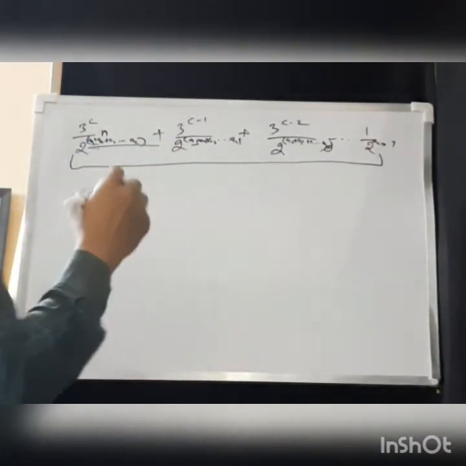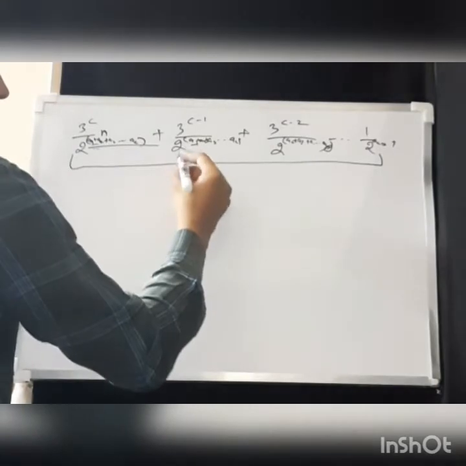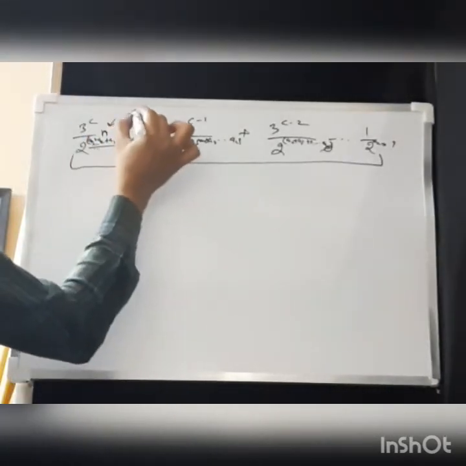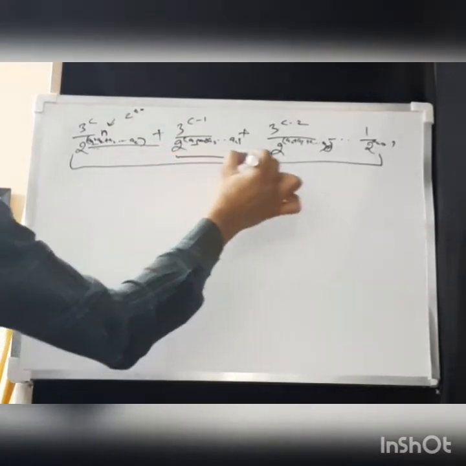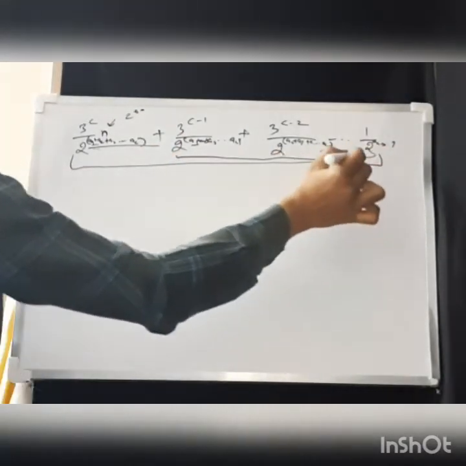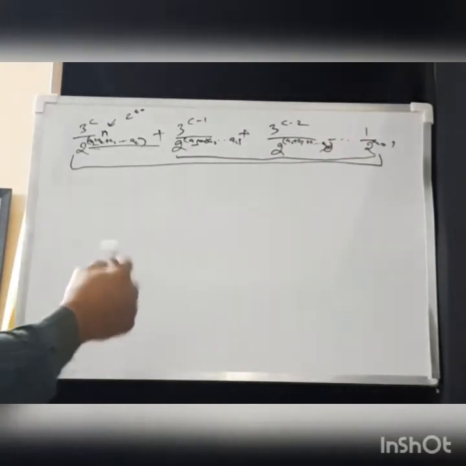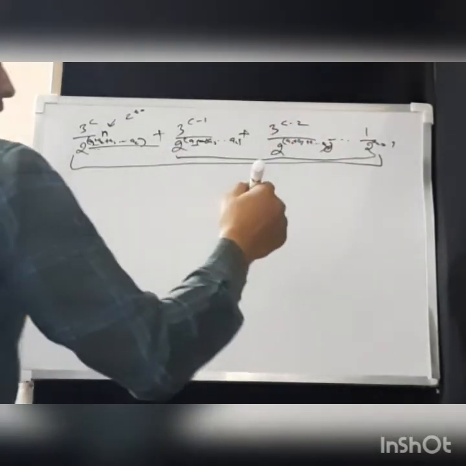And earlier I said that when we take n as much larger than 2 to the power 60, this part becomes very small in comparison.